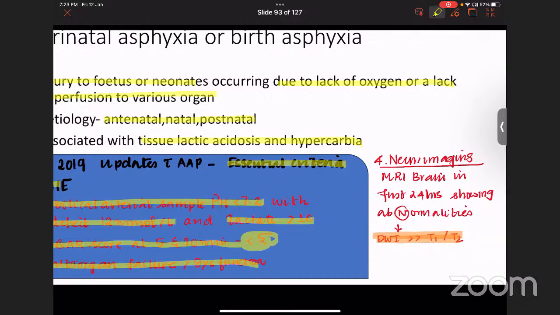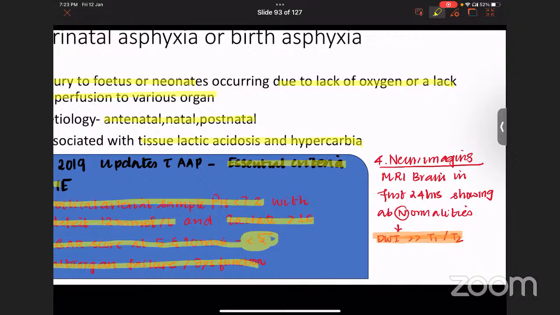But in 2019, ACOG, the American College of Obstetrics and Gynecology, told that just neurological dysfunction is not important. You also should see the imaging.